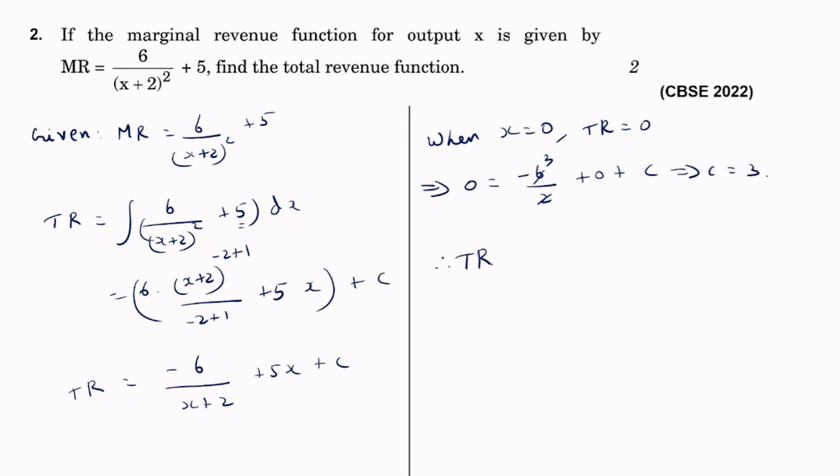Therefore, the total revenue function is given by 5x minus 6 by (x plus 2) plus 3. So this is the total revenue function. Again, this question carries 2 marks.